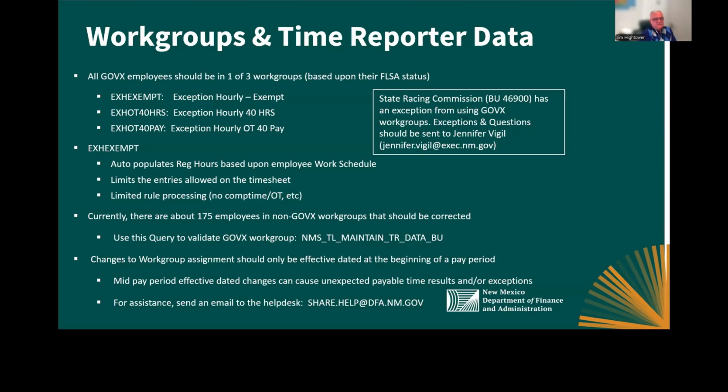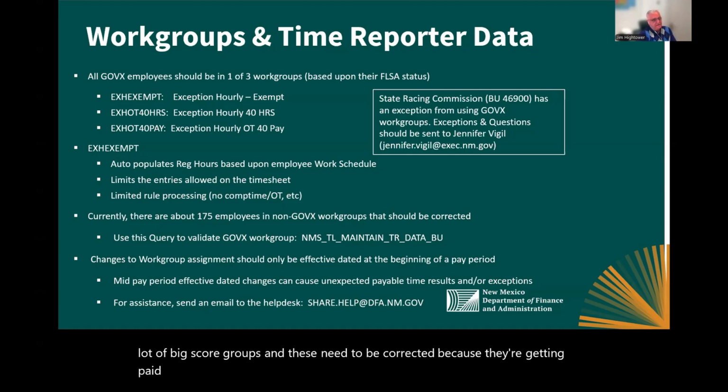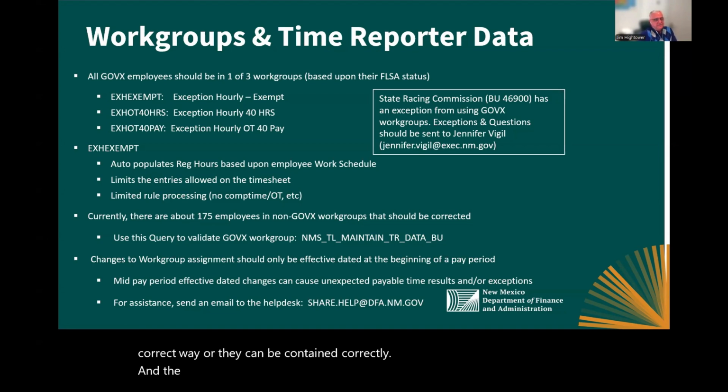One thing that we noticed recently is that there's about 175 employees who are in non-GovX work groups, and these need to be corrected because they're getting paid incorrectly, or they could be paid incorrectly. And the way that you can identify these people is you can run this query, NMSTL maintain tier data underscore BU.